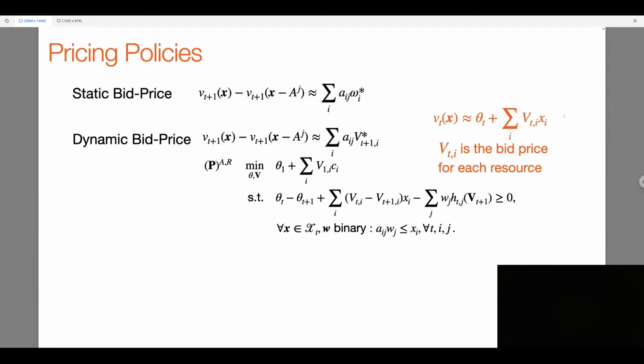So by definition, that is the buy price for each resource. So we use the optimal solution V t plus 1 i to denote the result.